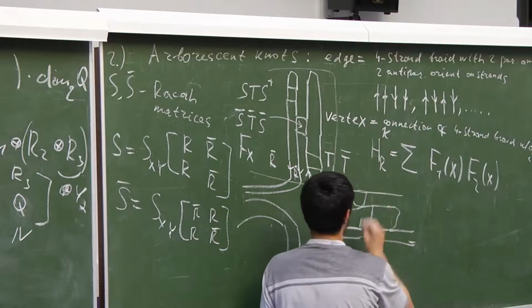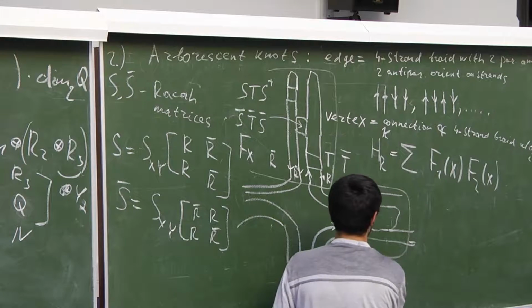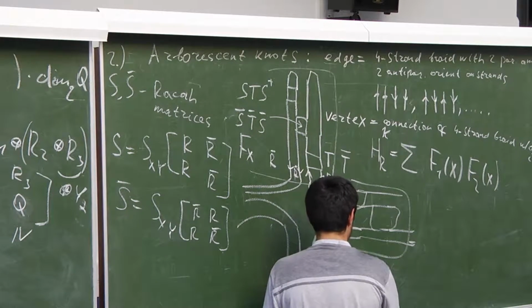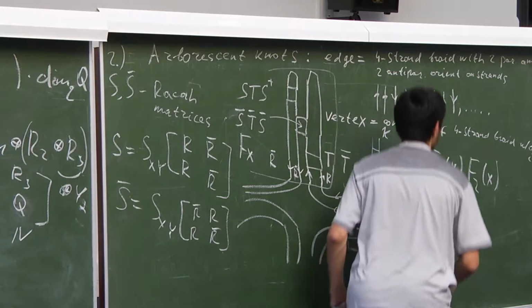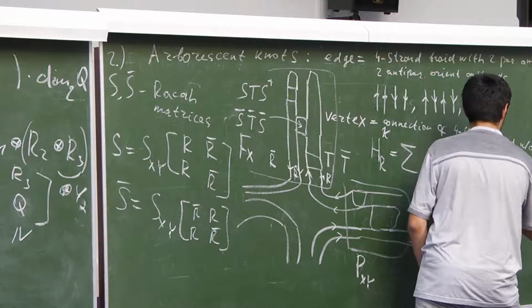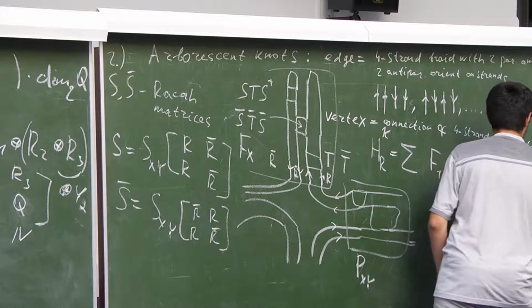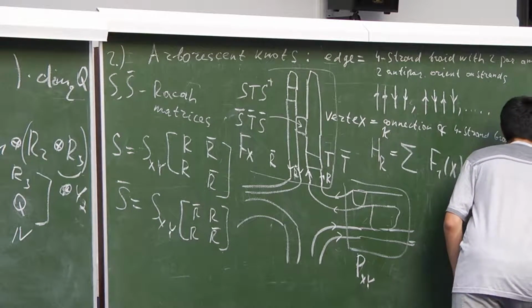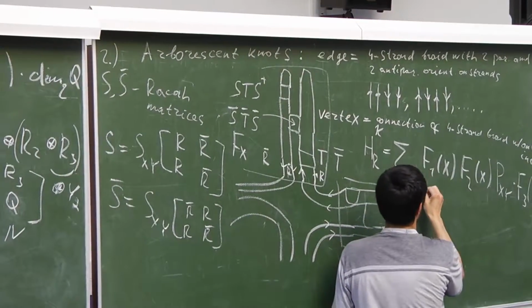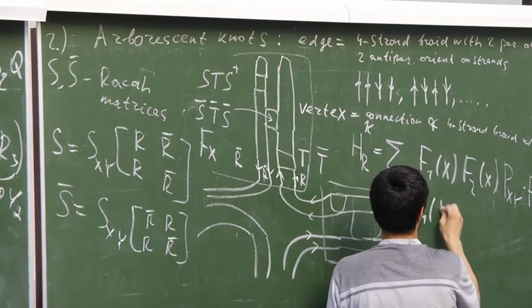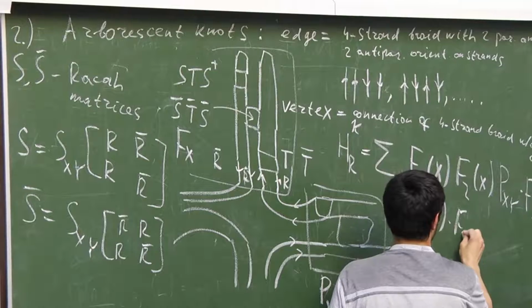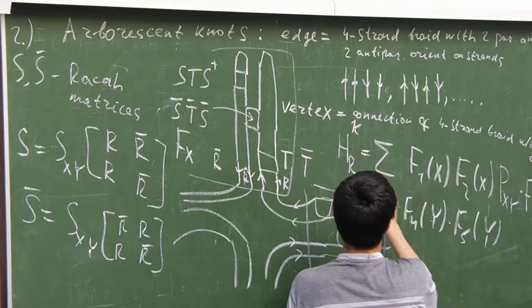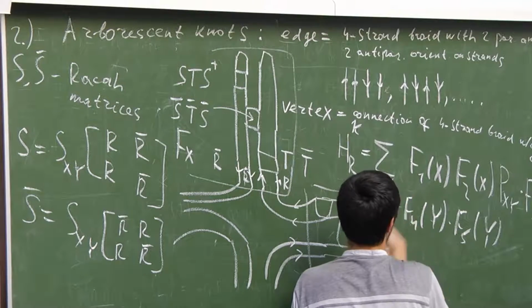Let me denote this part as some propagator p_xy, times p_xy and times some other f's, f4 and, for example, f5, and some sum over x and y.